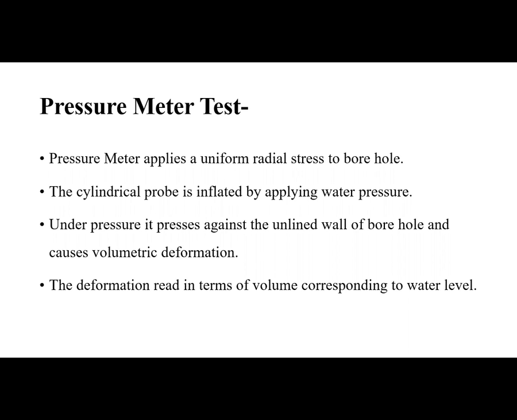In the last lecture we discussed the standard penetration test, SPT. The standard penetration test gives several results. Along with it we provide one sampler, which is the split spoon sampler, which collects the disturbed or undisturbed sample on the basis of the type of soil, on which we could conduct different soil tests.